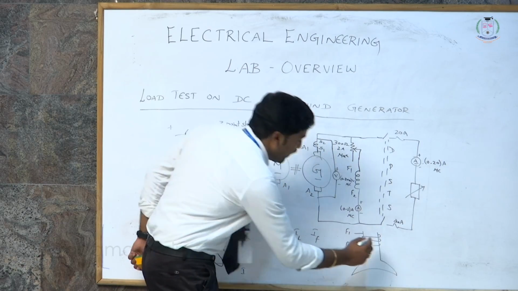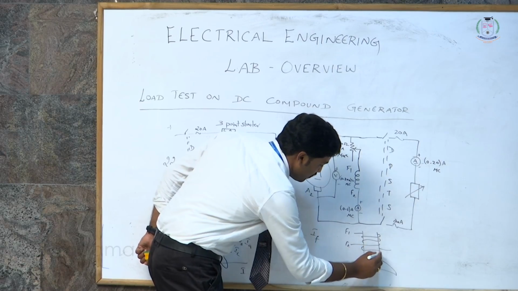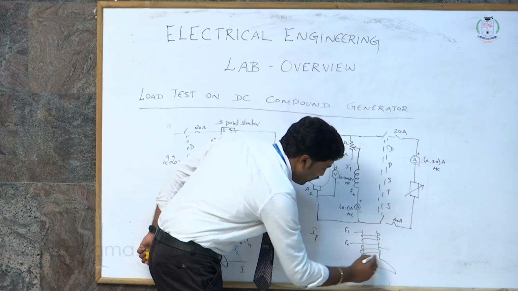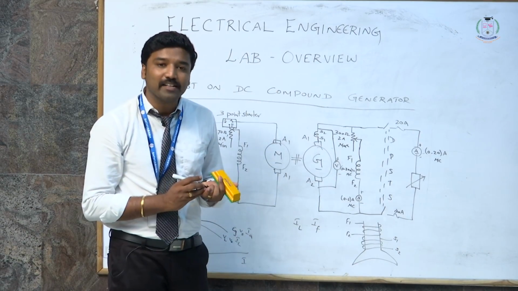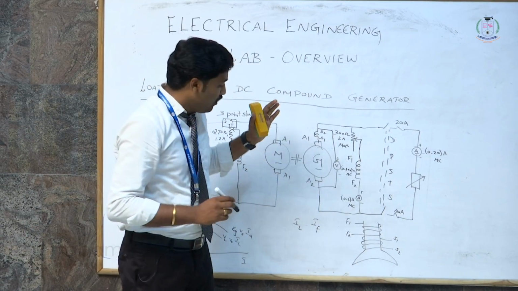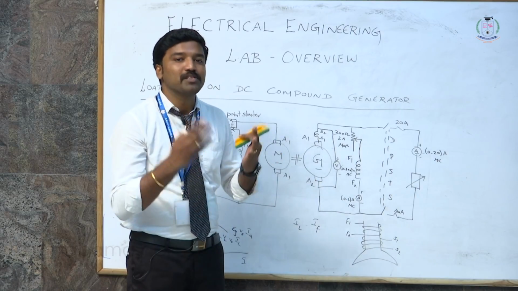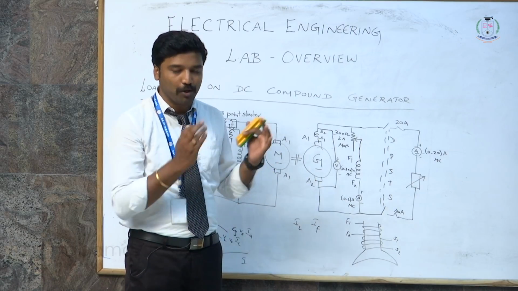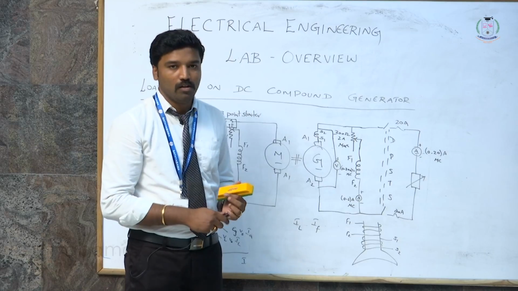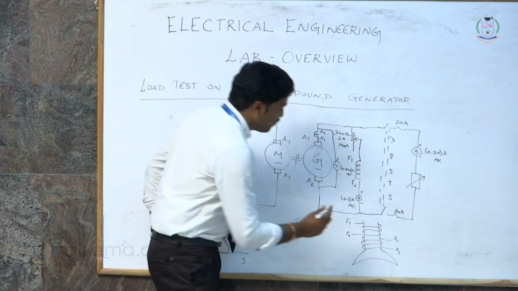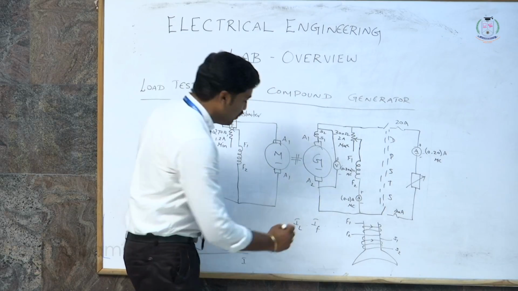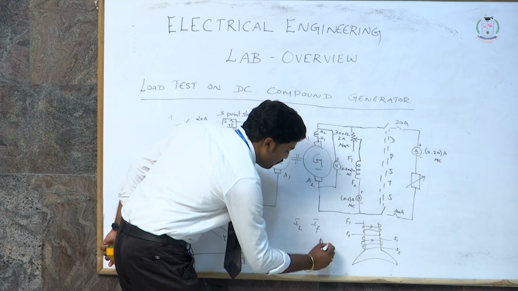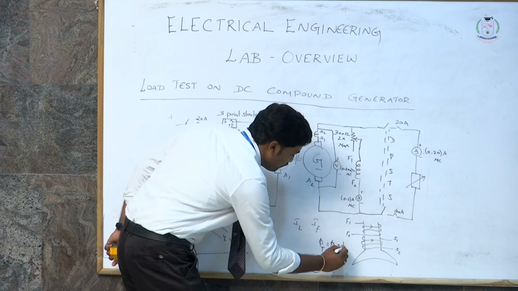I am also going to make the series field winding, S1, S2, since it is a compound generator and both will be available. For cumulative, the magnetic fluxes produced in the pole sum up. So I take the current direction of your field F1 and S1 to be in the same direction to make a cumulative flux, phi 1 plus phi 2.